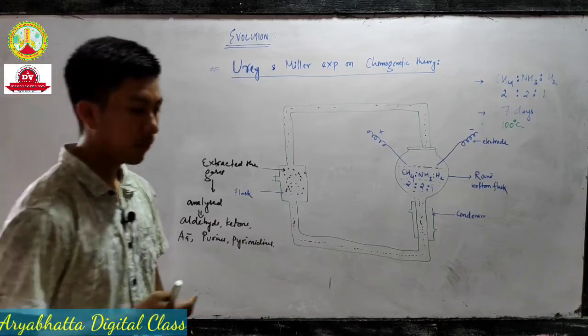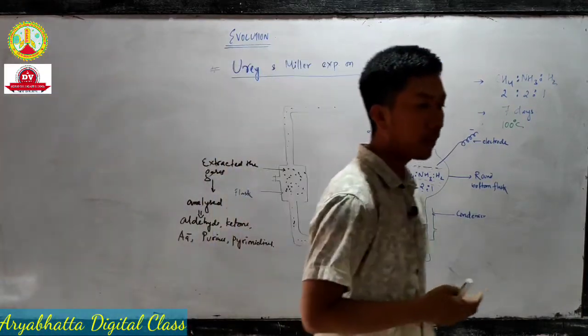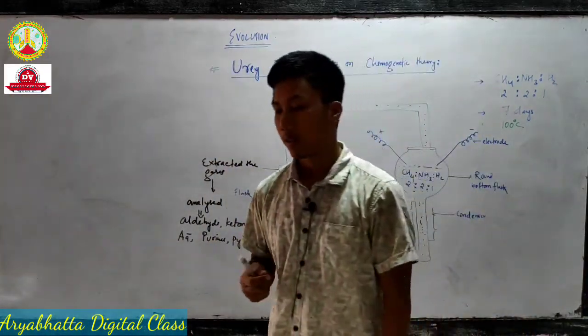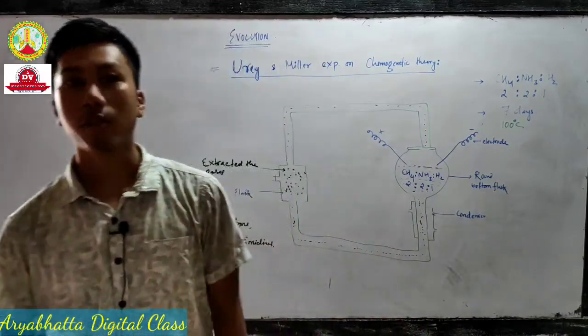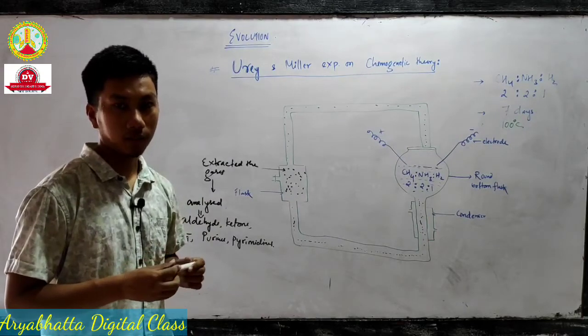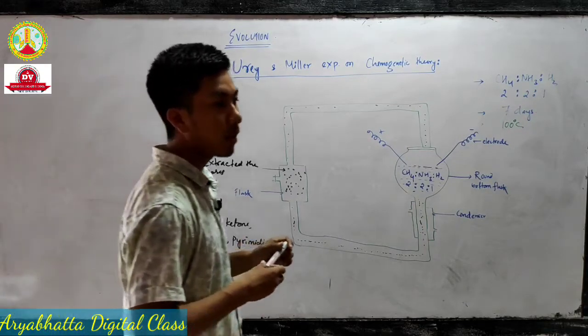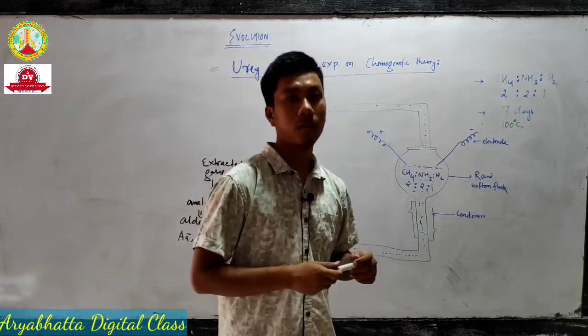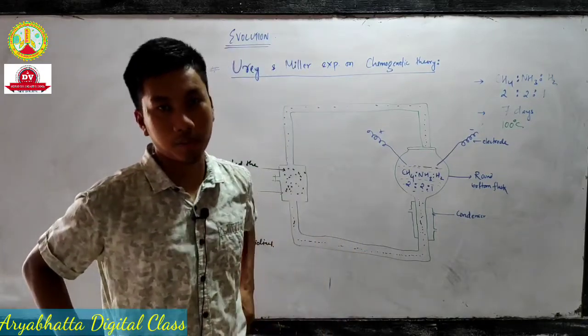Okay, so from that experiment they concluded that the chemogenetic theory explains the same thing. So that's why that theory has been considered the modern and accepted theory of evolution.